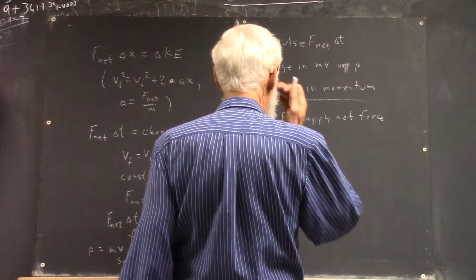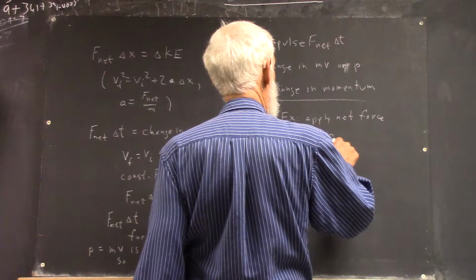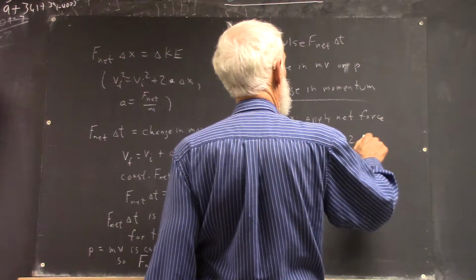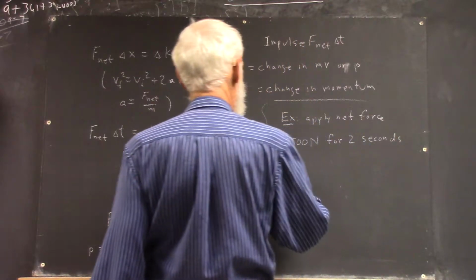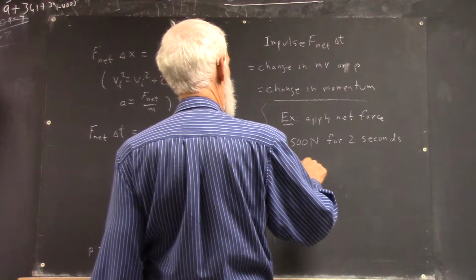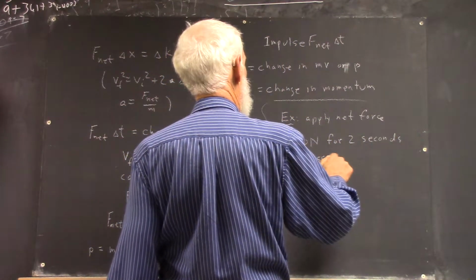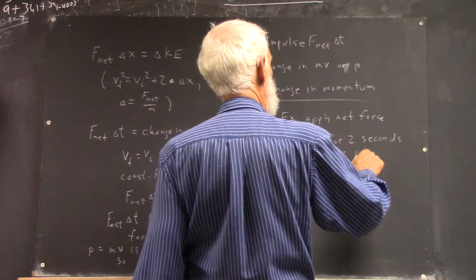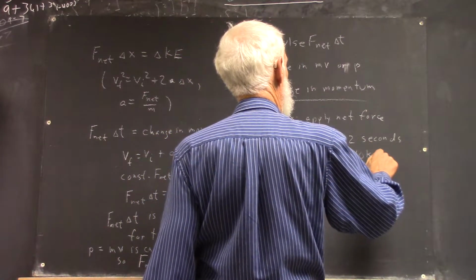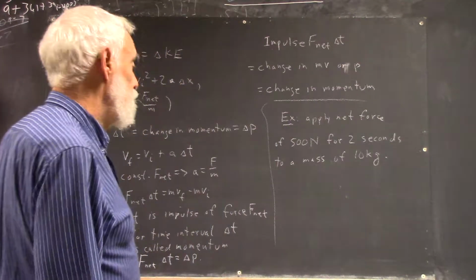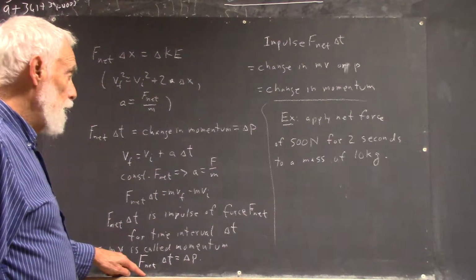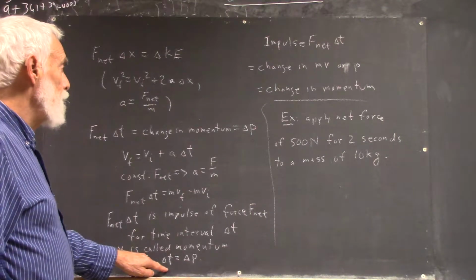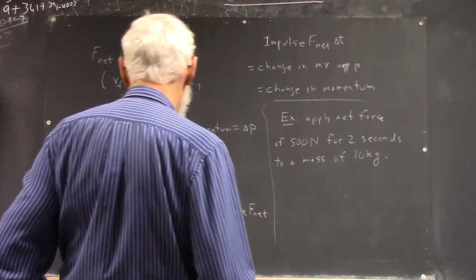Let's apply that net force for two seconds to a mass of 10 kilograms. How does that fit into this scheme? Well, we know F net, we know delta t, and we know the mass.